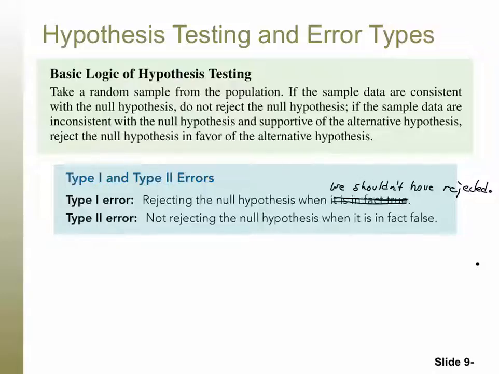So we shouldn't have rejected. We should have said do not reject. It's possible that the population mean is the mean that we thought, but because of the particular sample we got, we rejected, and we shouldn't have rejected. Okay, that's a type 1 error.